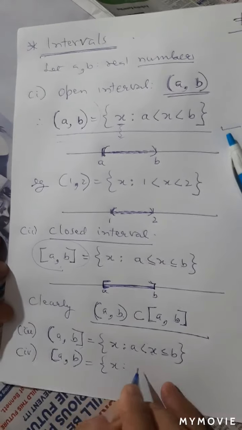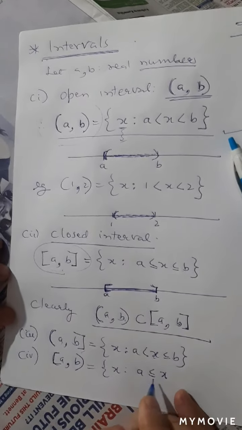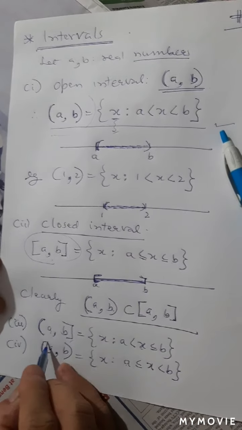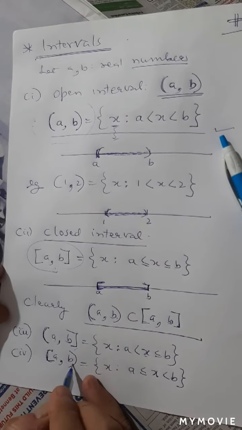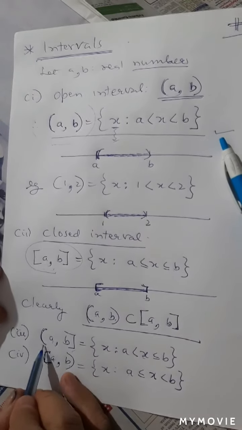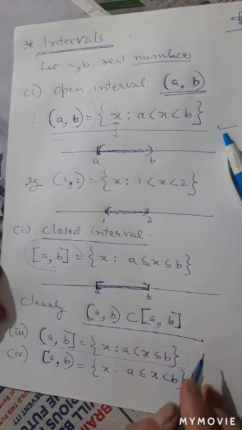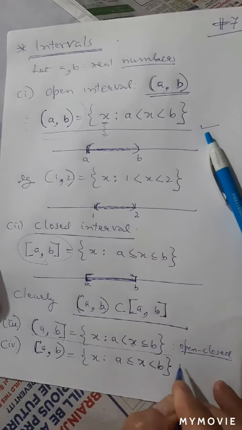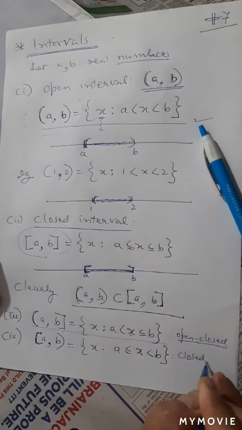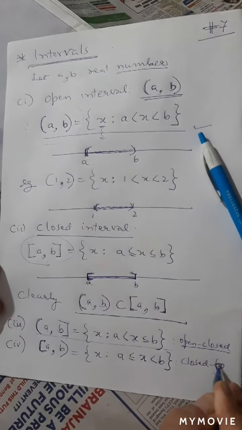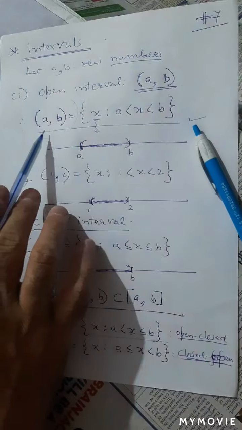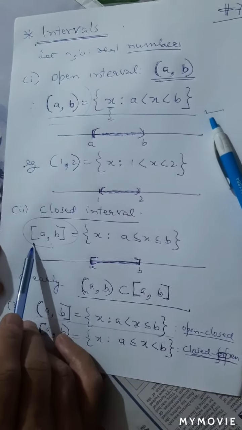This means all real numbers for which x is greater than or equal to A and less than B. That means the square bracket at A means A is included but B is not included. So this is called the open close interval, and this is called the closed open interval. Mainly we have these two: one is the open interval A comma B, the other is the closed interval A comma B.